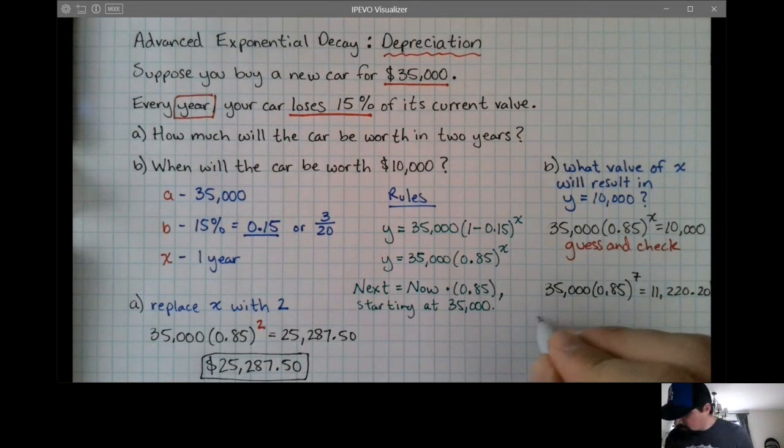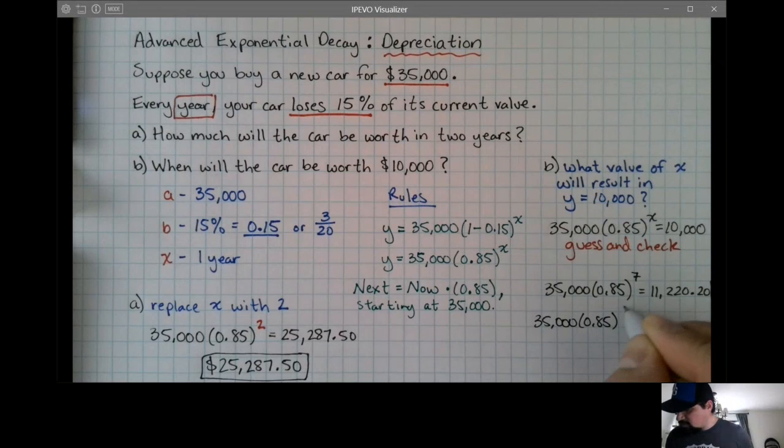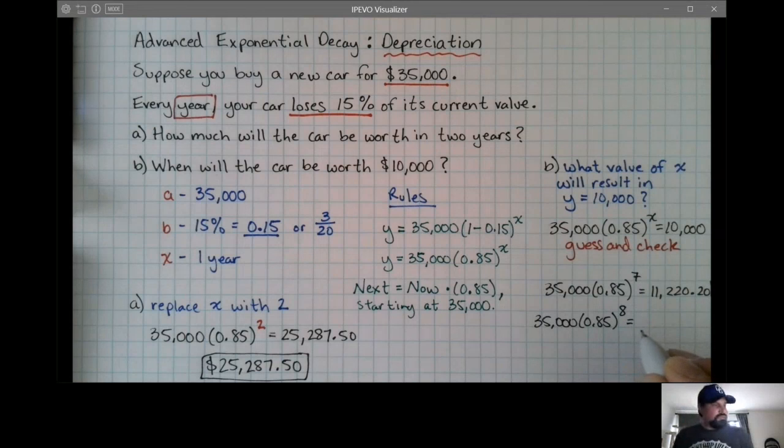So we'll go to 8. We have 35,000 times 0.85 with an exponent of 8, which means 8 years. When we put that through the calculator, I got 9,537 and 17 cents.